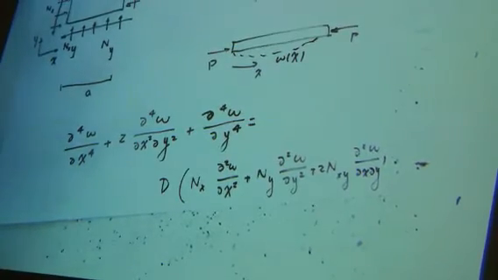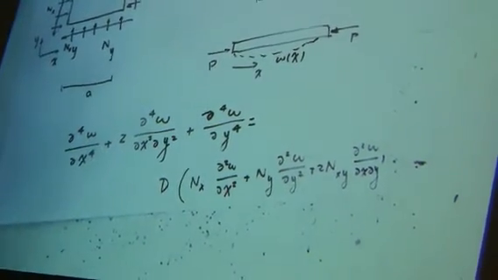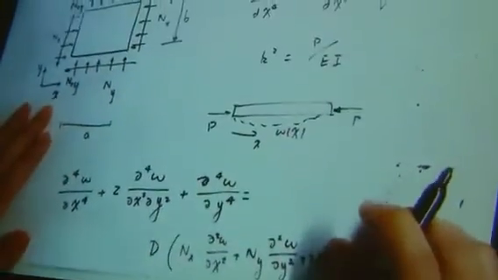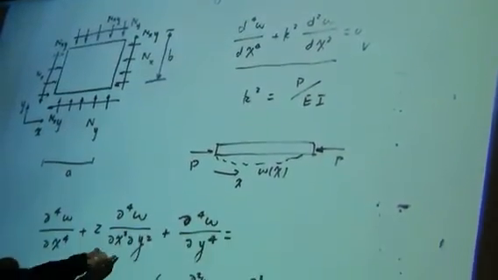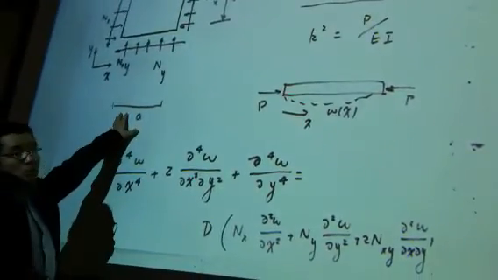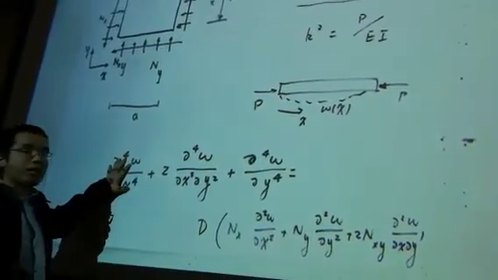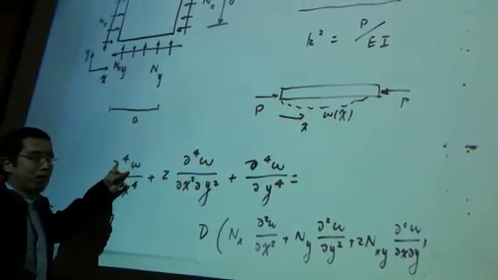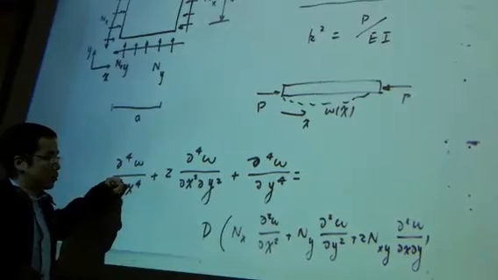The three terms on the right, let's look at the three terms on the left. If you compare these three terms with the two terms for the column, you only have one additional term. This one is along the x direction, because this is a two-dimensional analysis now. So you have one term along the x direction, deflection with respect to x, fourth order.